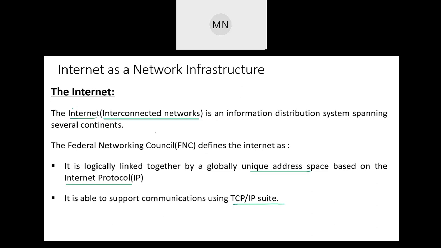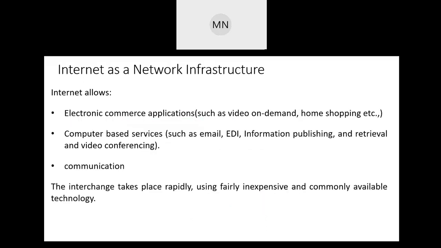So here we need to remember what internet is. Internet is a collection of different networks, or otherwise simply it can be defined as interconnection of different networks, where these networks span over several continents, or otherwise globally.